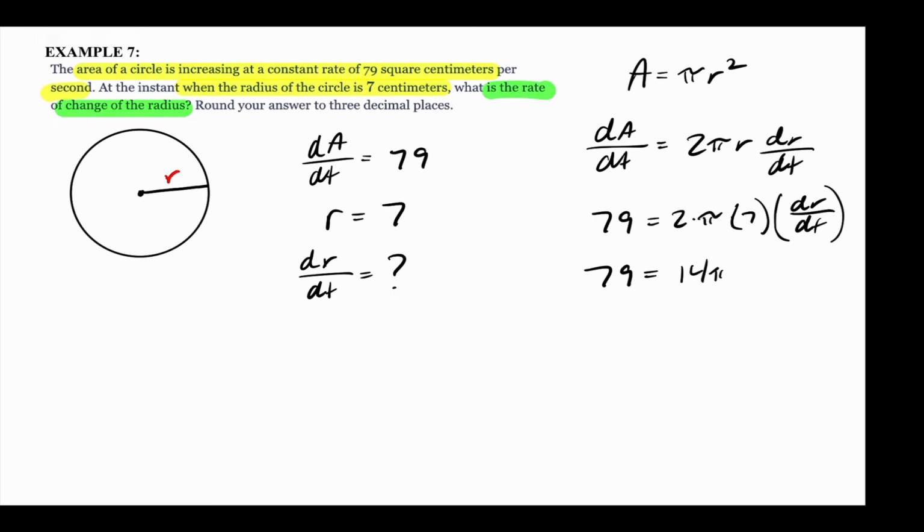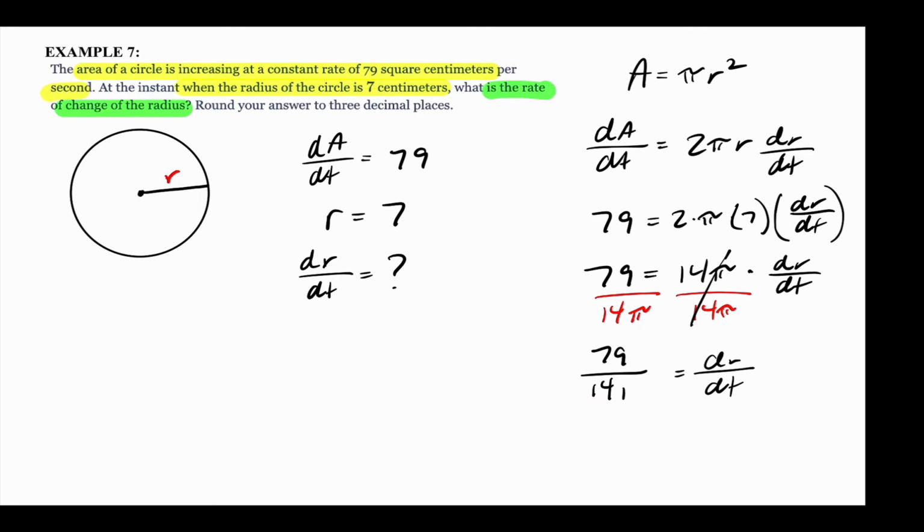So 79 equals 14 pi times dr/dt. So how do I get dr/dt by itself? What do I have to do? Divide by 14 pi. dr/dt equals 79 over 14 pi.